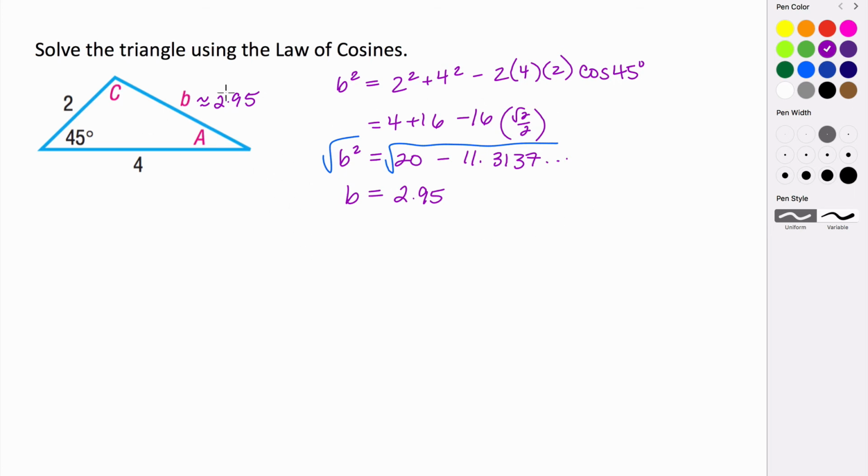So that was how we use the law of cosines to find this measure, and this is a side angle side triangle. Now, to solve the rest of this triangle, you can continue to use the law of cosines, or you could use the law of sines. If you're going to use the law of sines, you want to solve for the smallest angle remaining.